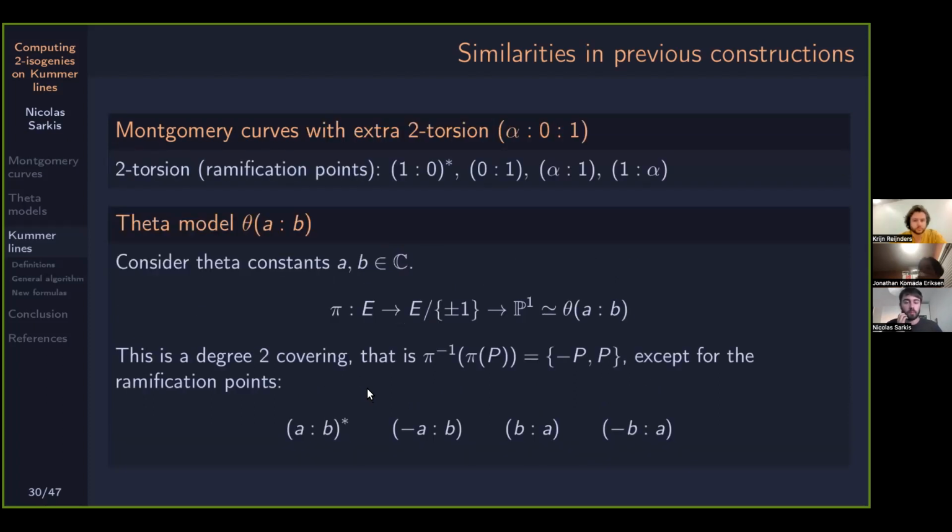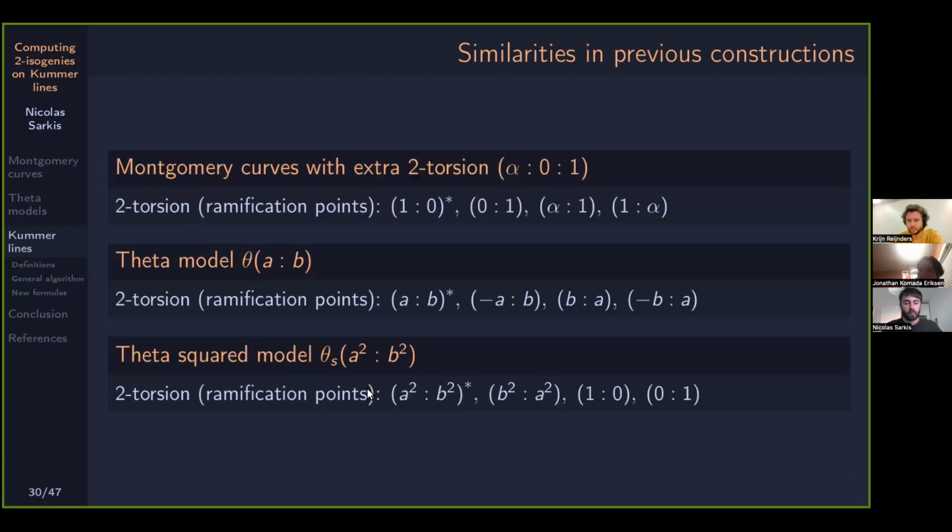And on theta models, you have this map from E modulo plus or minus 1 to the projective line. And if you just compose it with the projection from E to E mod plus minus 1, you also get a degree 2 covering with other ramification points. But you still have 4, like in the Montgomery case. And on the theta squared model, I won't do the details, but it's the same thing. Especially on the theta squared model, as you can see, the ramification points are the same.